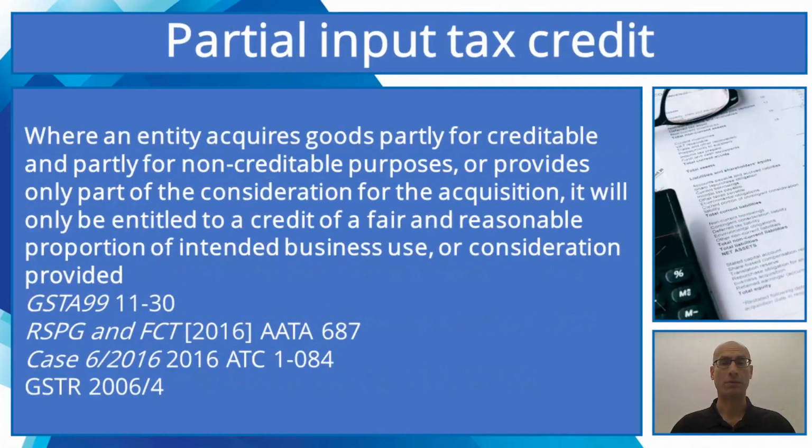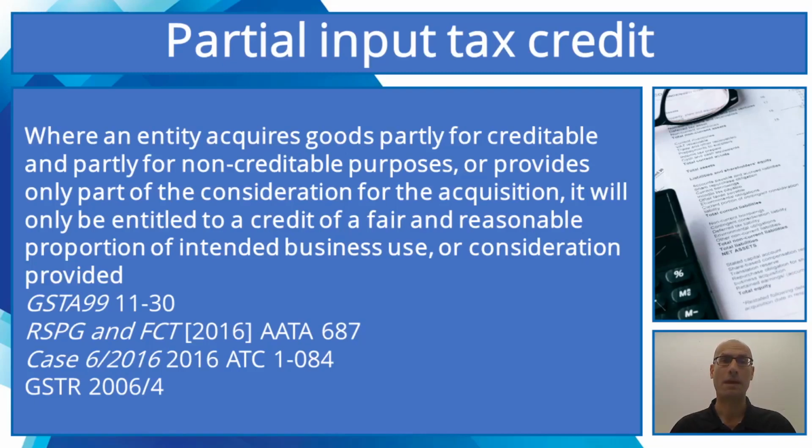Now, like many rules that may seem so obvious that they go without saying, because this is tax law, it needs to be said, and that's that if you acquire goods only partly for a creditable purpose, or if you only pay for a fraction of the consideration for those particular goods, guess what?